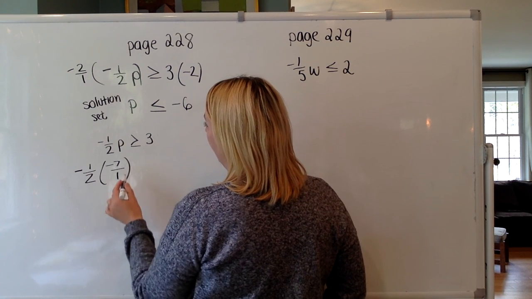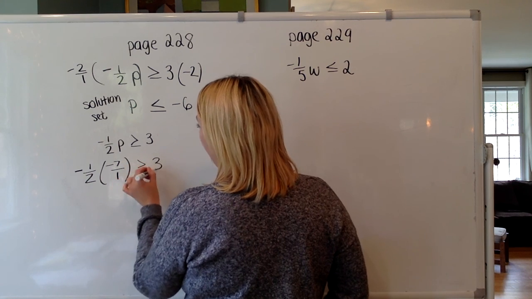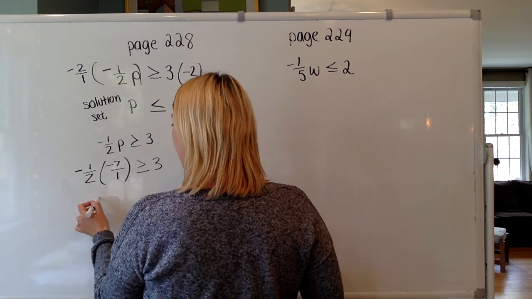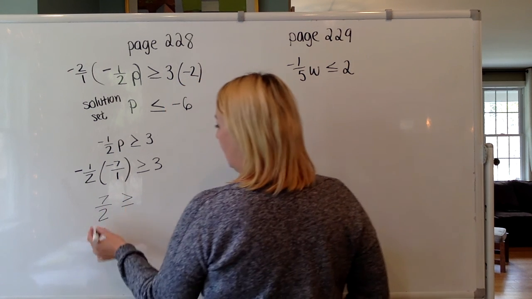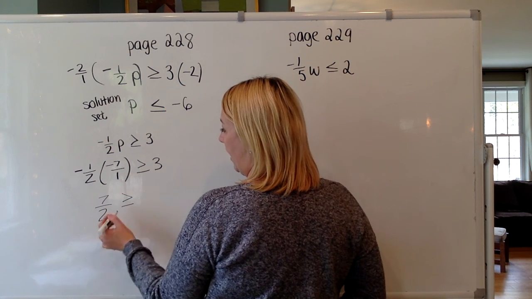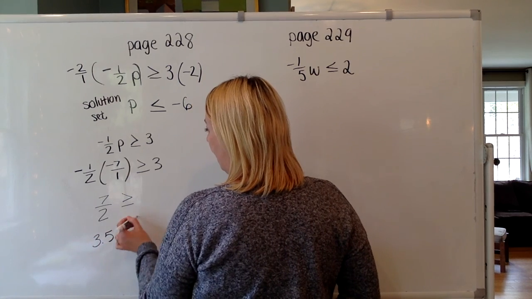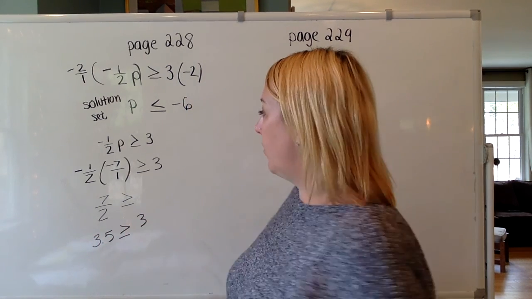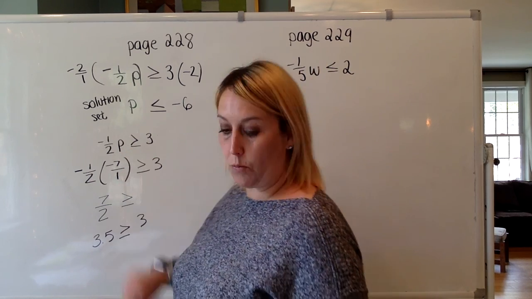So negative times a negative is a positive. 7 halves. 7 halves is actually what? 3.5, right? 3.5 is greater than or equal to 3. So I know negative 7, when I plugged it in for the value for p, works.